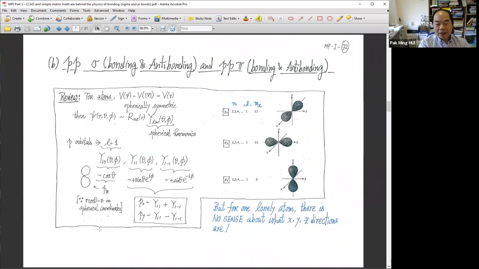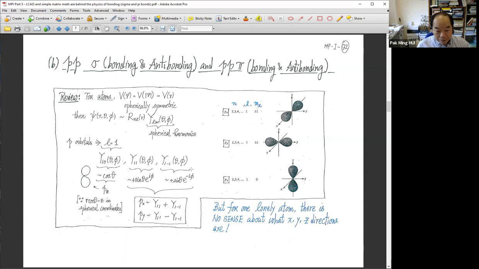So the next thing is that we extend our discussion to p. So I have a p. Remember, p is like a dumbbell, a letter 8 shape, atomic orbitals. So it has to do with plotting out the Y_lm(theta, phi) for l equals 1.